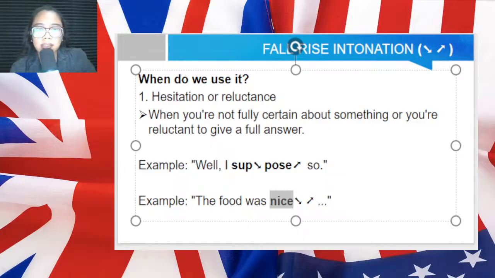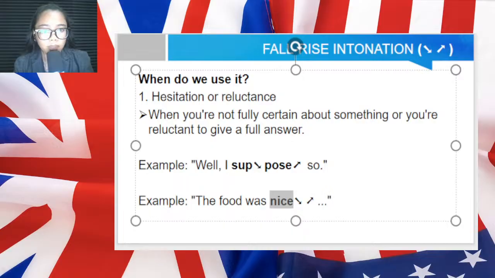It serves as an understated criticism. It's a polite way of refraining from being overtly negative, yet it clearly signals that the sentiment is far from entirely positive. So the unstated or implicit condition is powerfully conveyed by this intricate pitch movement alone.